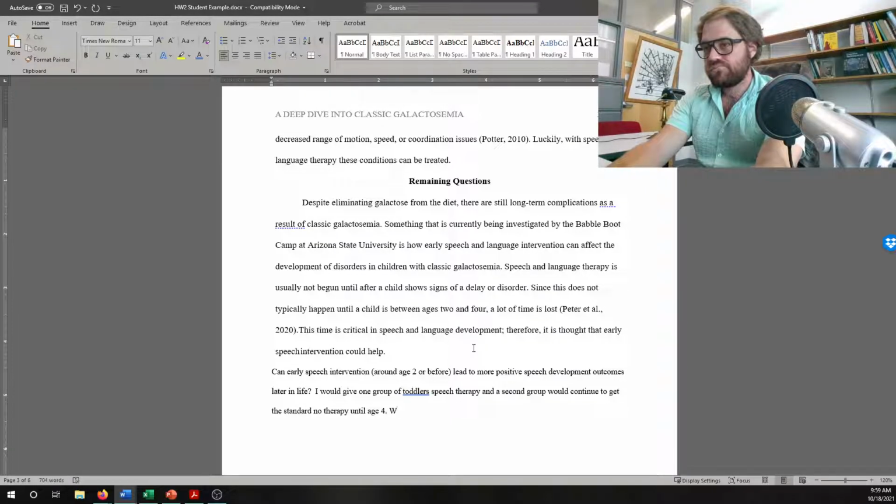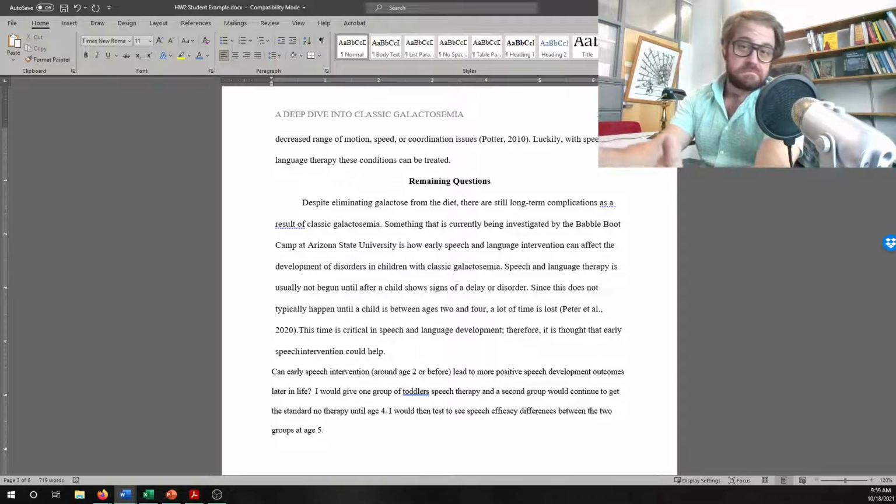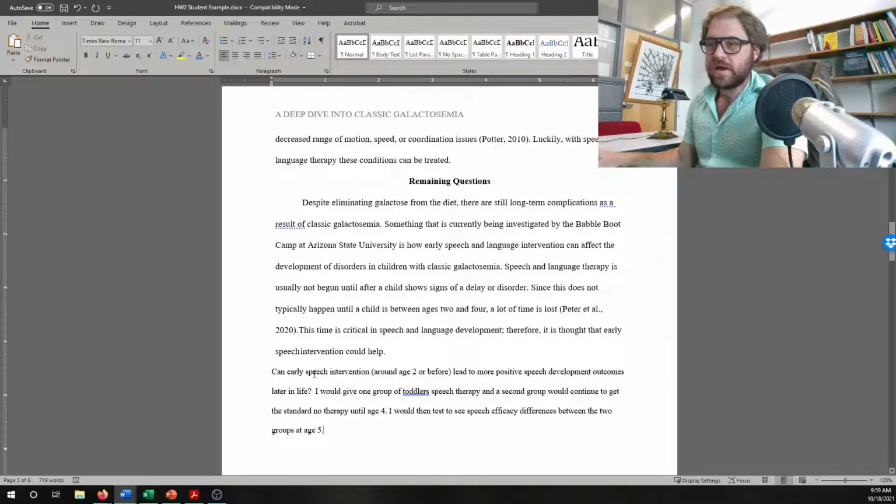I would then test to see speech differences between the two groups at age 5. So there you go. That's what you should add to this to get full points. So that's everything you need to do here.